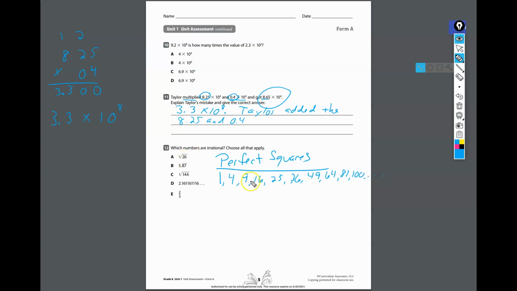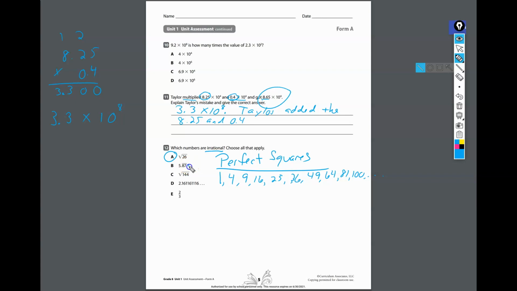So if you notice, 26 is not a perfect square. So when I take the square root of a number that is not a perfect square, it will be irrational. So the square root of 26 will be irrational. Part B, repeating fraction. Well, I just showed you how to convert any repeating decimal into a fraction.